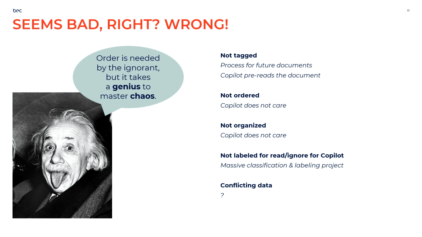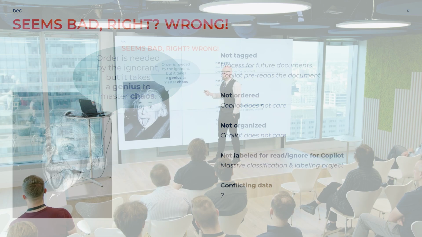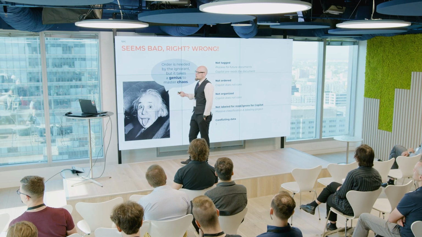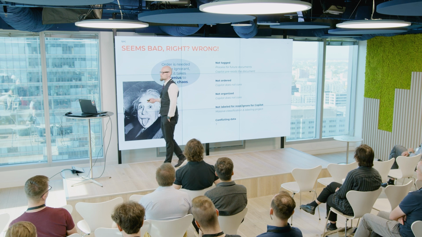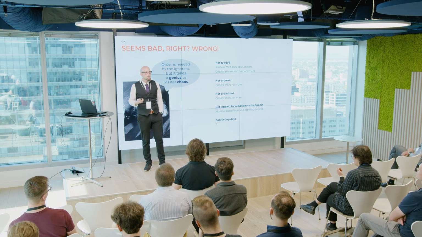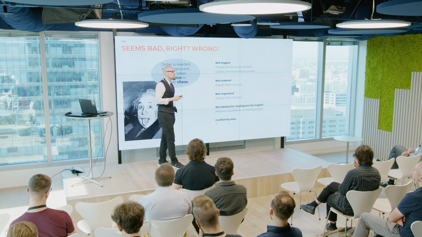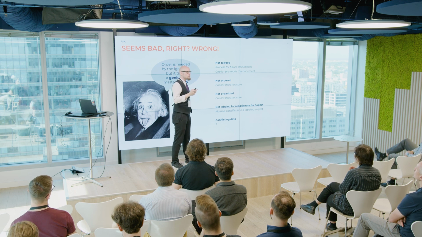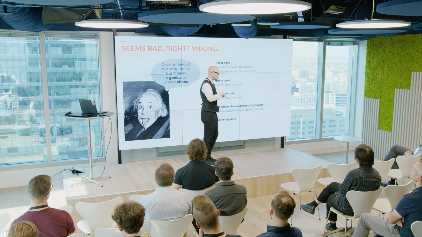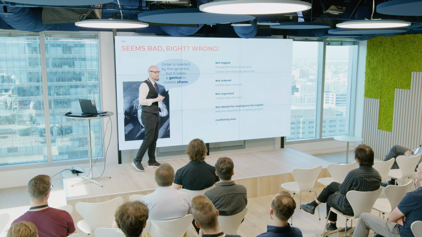Oh, wait, Copilot does not care if it's not ordered, because Copilot generates an index of all data it knows, and the index also contains reference material, or what would in human speech be an index of context of documents, which is really interesting. I'll just move so you can see.